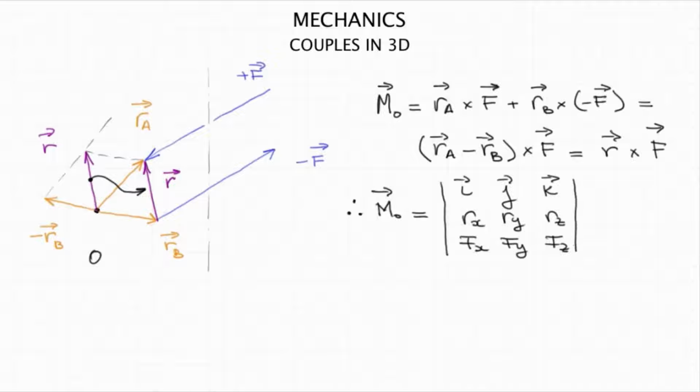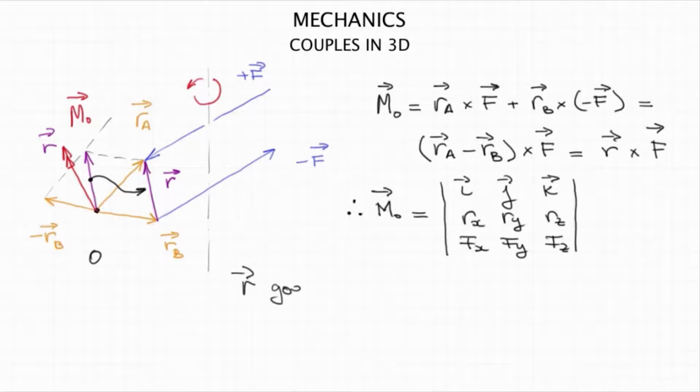Given that the original position vectors RA and RB were going from O to any point along the lines of action of negative F and F, the new vector R will also go from any point along negative F to any point along positive F. So again, R, very importantly, goes from any point along negative F to any point along positive F.